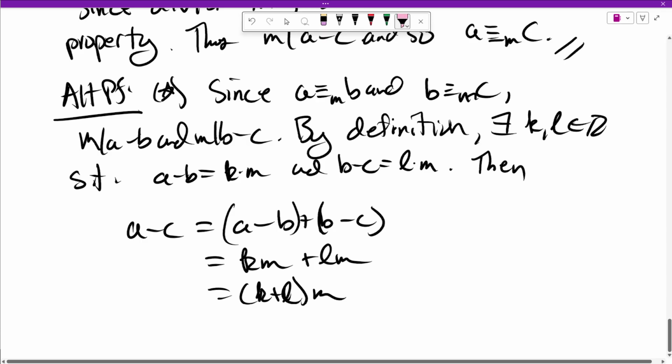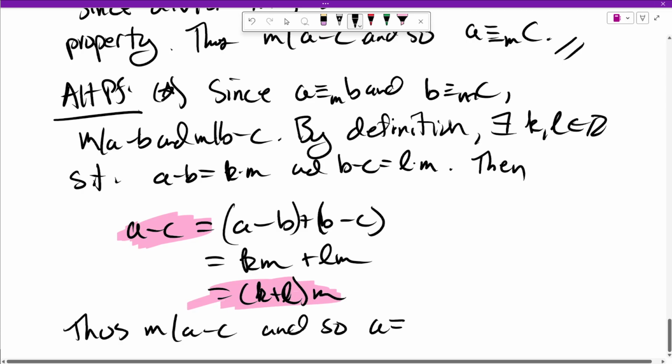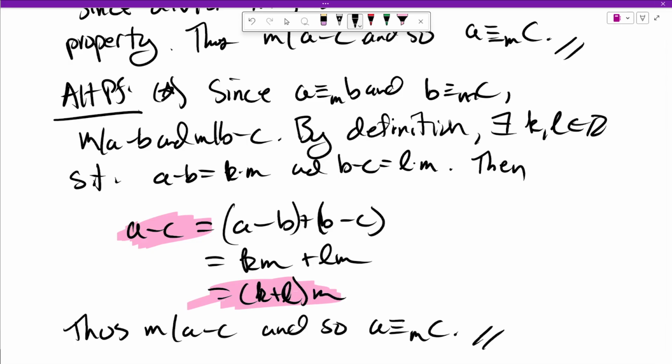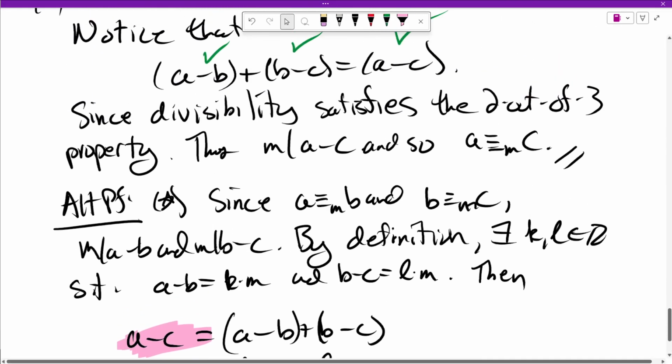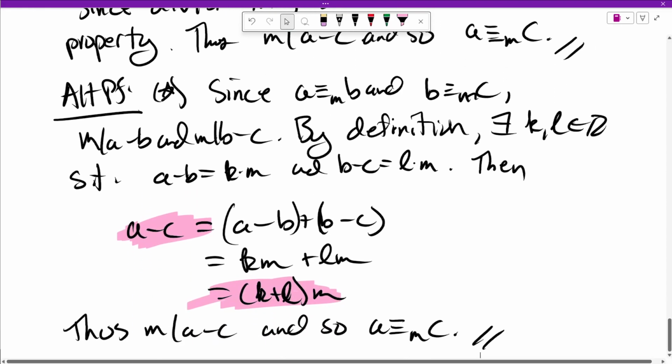So on the left-hand side we have a minus c, and on the right-hand side it's equal to m times something. Thus, we can conclude that m divides a minus c, and so a is congruent modulo m to c, ending the proof like before. And all we've done is revisit the proof that you did in class on the 2 out of 3 property for divisibility.